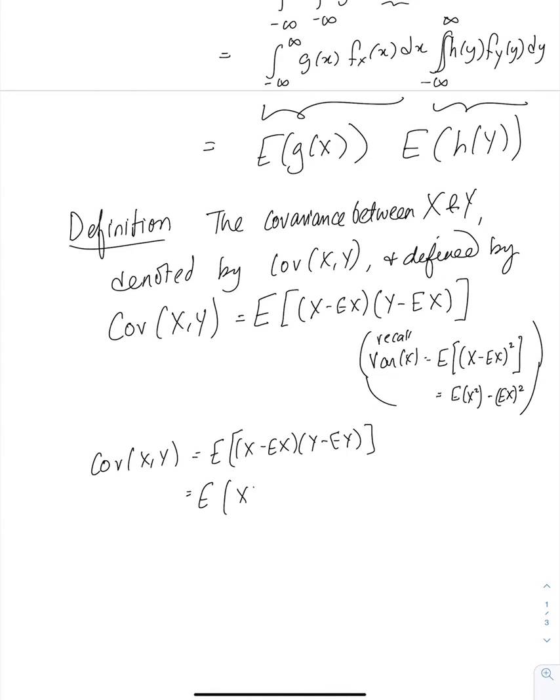You have X times Y minus X times E of Y minus Y times E of X plus E of X times E of Y. All I did was take the product inside the brackets. Now you have the expectation of some of these things. Let's write it as a sum of the expectations and take out these constants. Then I will have this.